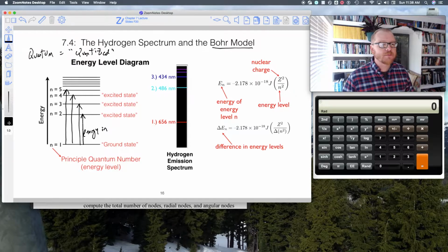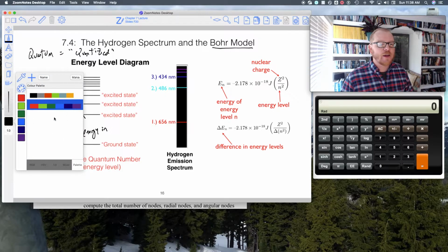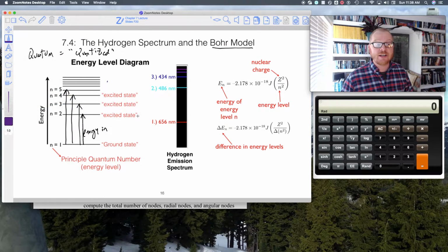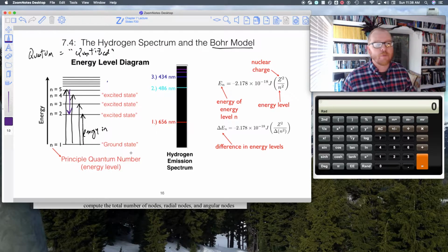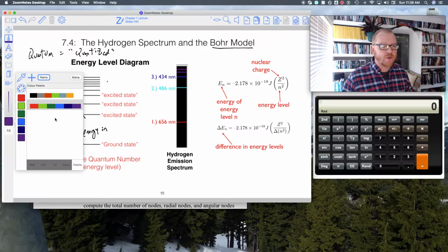Now these atoms don't like being in these high energy states, so they relax. They relax by releasing energy, and that energy is quantized. I'm going to draw a purple line right there going from 5 to 2. Now I'll use blue.